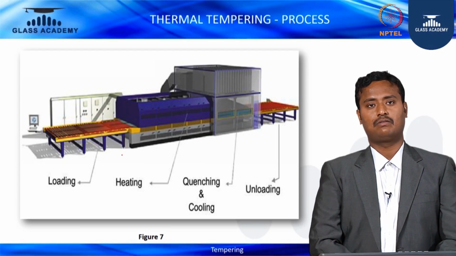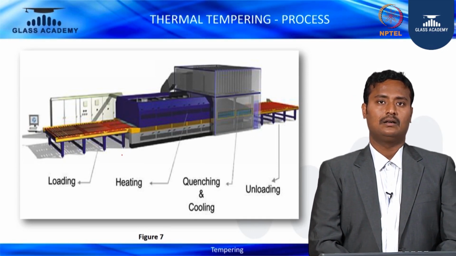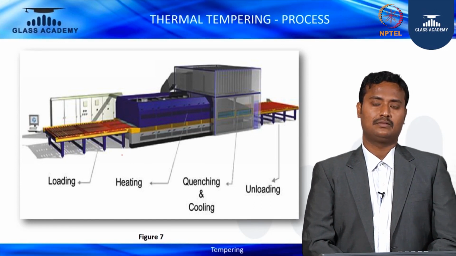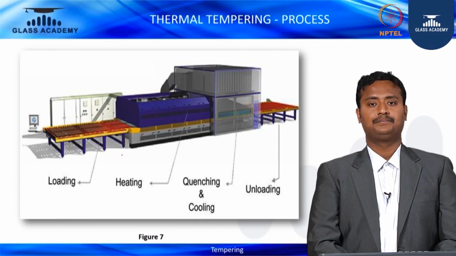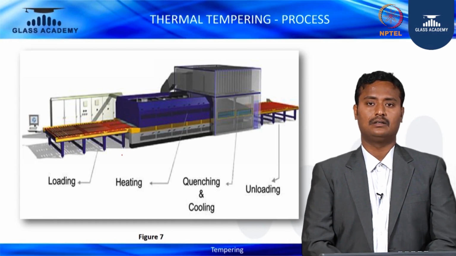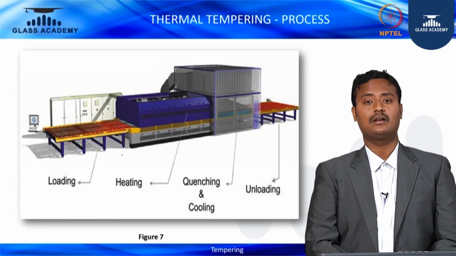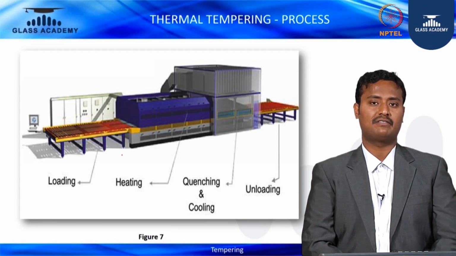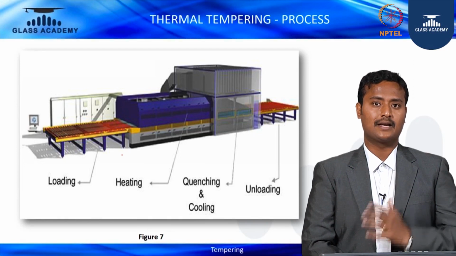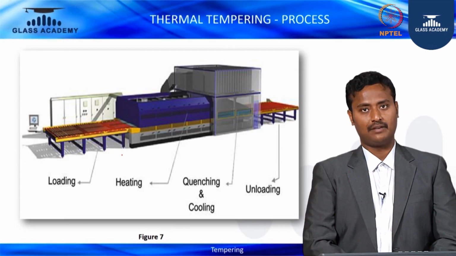And next is the phase called the heating chamber. This is vital, playing a role in terms of the tempering process. Heating is the most important process in terms of tempering. And the next phase is quenching and cooling, where the special characteristics of tempering, like surface compression and mechanical strength, will be attained.